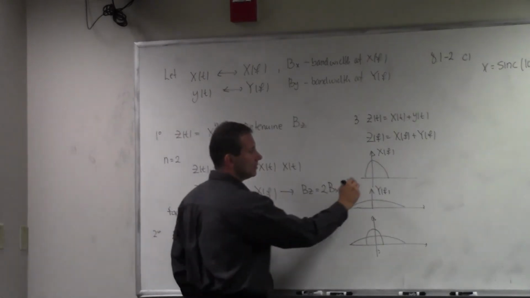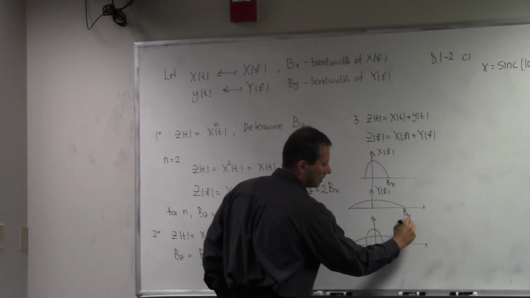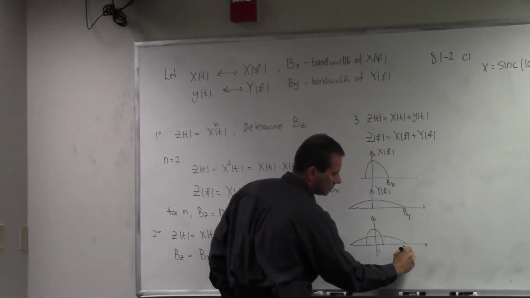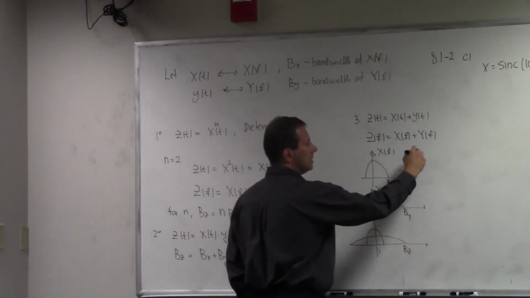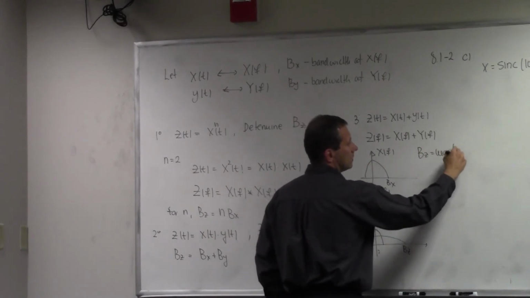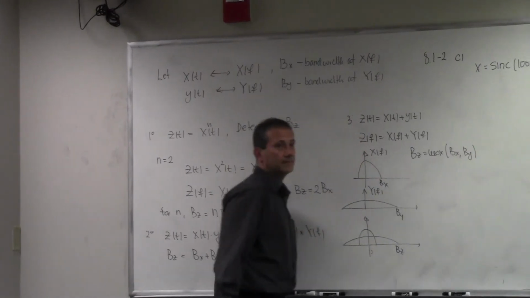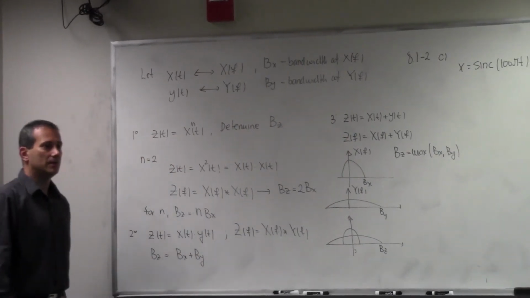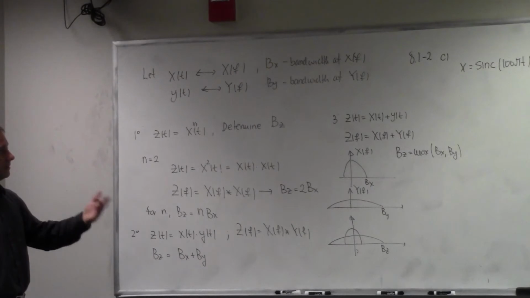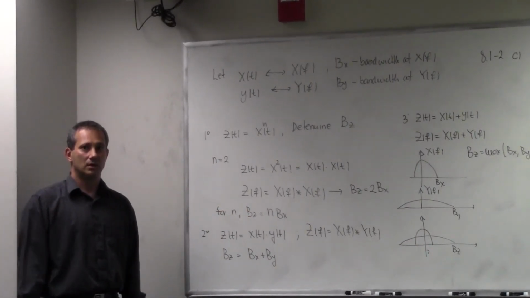So if this is Bx and this is By, what is Bz? Bz is going to be equal to the maximum of Bx and By.